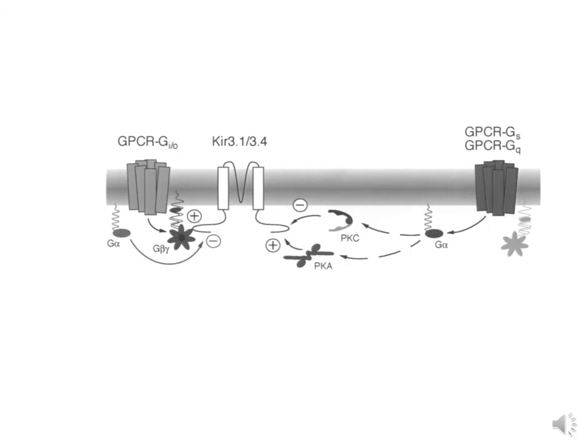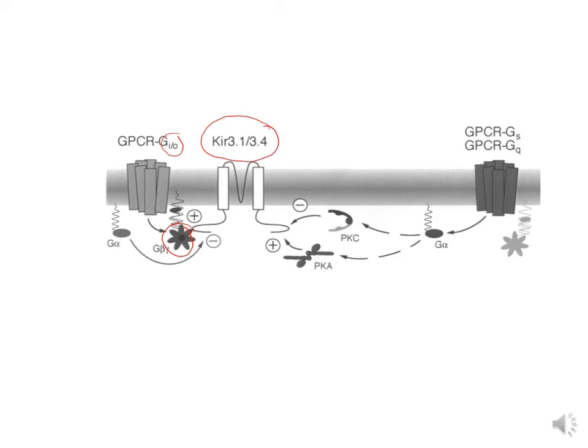Here's a diagram showing a GPCR, or G protein coupled receptor, that couples to G proteins of the class Gi or Go, and these G proteins, especially the beta gamma subunits, are able to directly bind to KIR3 channels and open these channels.